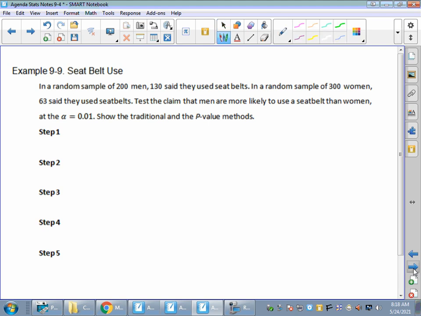So let's do a couple of things here first. It looks to me like men are going to be sample 1, right? So population 1 is going to be men. Population 2 is going to be women. The only reason I chose it that way is because that's how it was written. So I just said on that last screen, we've got to calculate some stuff.